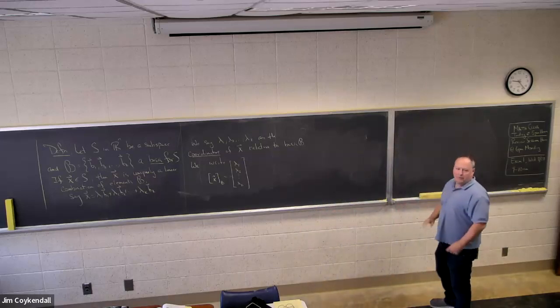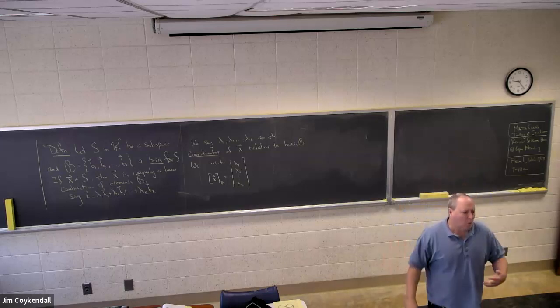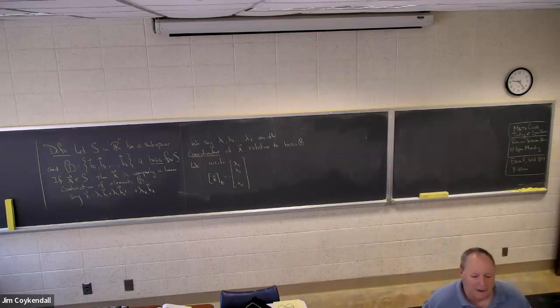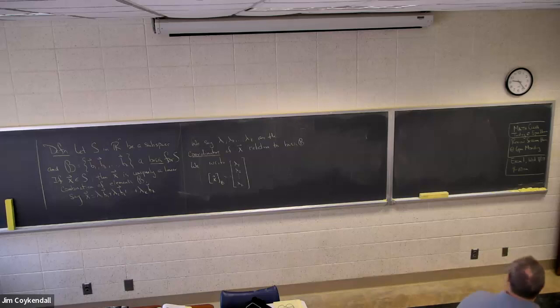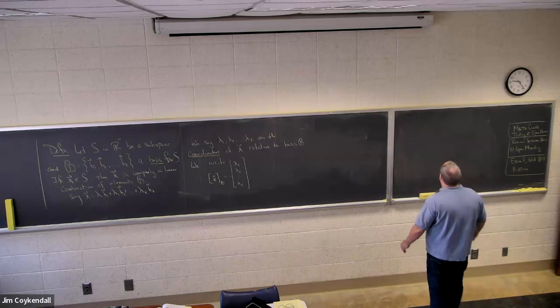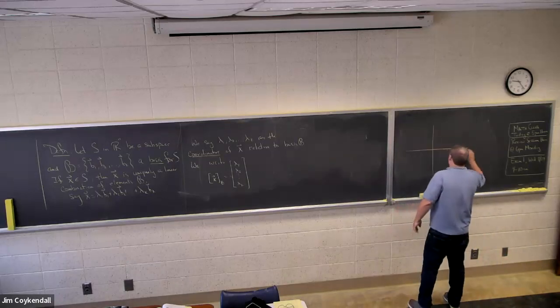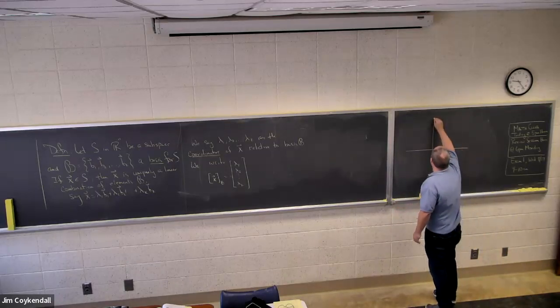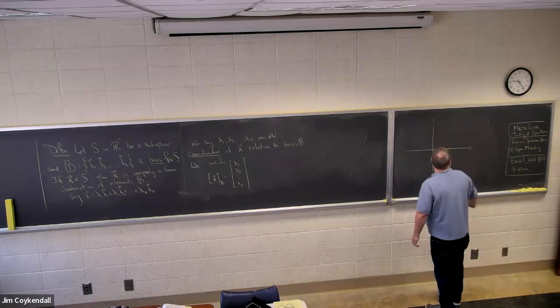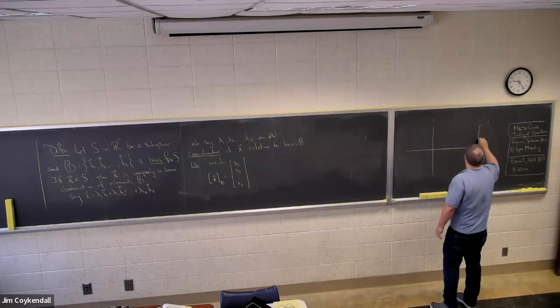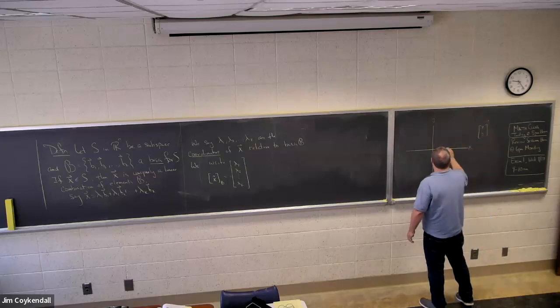Let me ask y'all something from your past experience. When the word coordinate comes out of my mouth, what do you think of? You probably think of a point in the xy plane, right? Give me some coordinates: 2, 5. You know where that is, right? If I were to graph the point 2, 5 and write it like a vector, wouldn't this be 1, 2 over and 1, 2, 3, 4, 5 high?